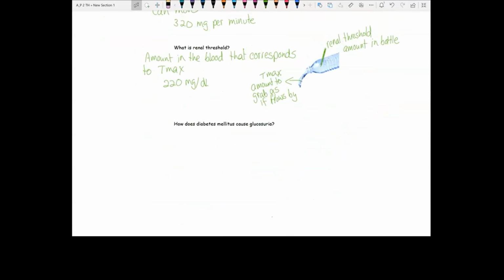With diabetes, you get glucose in the urine. So let's think about someone who has diabetes. Here's the kidney, and we have dirty blood coming in. Let's suppose that this dirty blood coming in has 300 milligrams of glucose per deciliter. Okay, now remember, everything coming out of the kidney is either going to be clean blood or it's going to be urine.